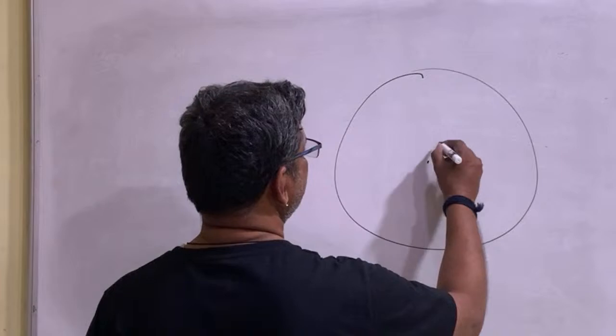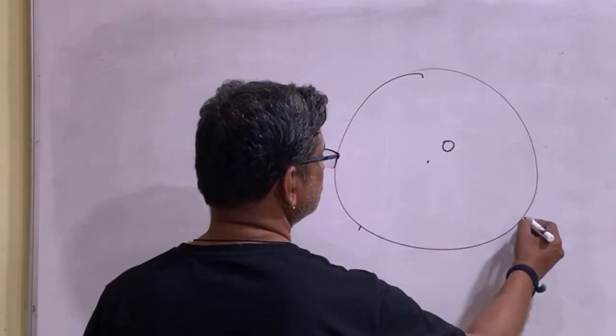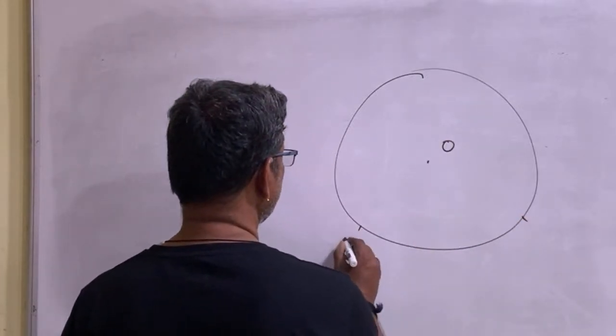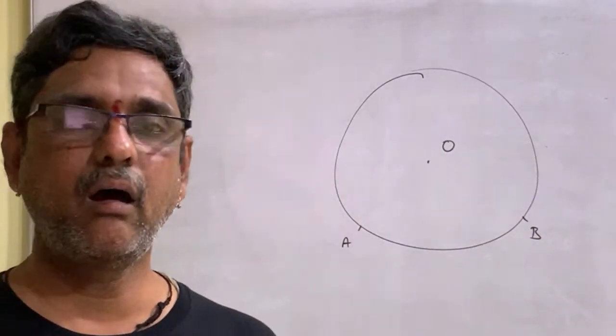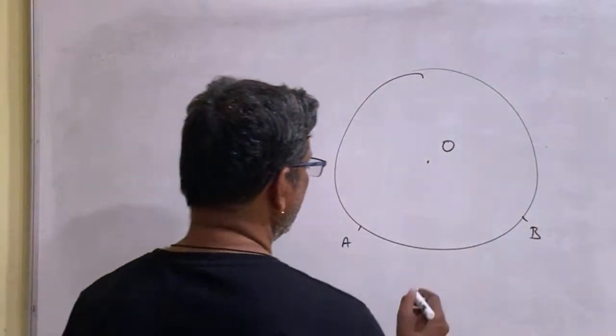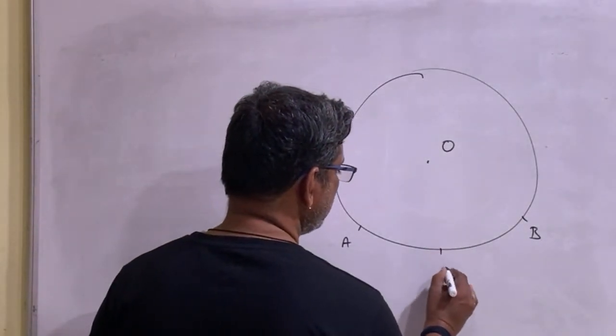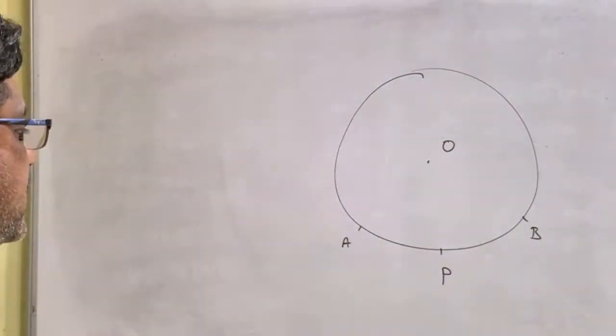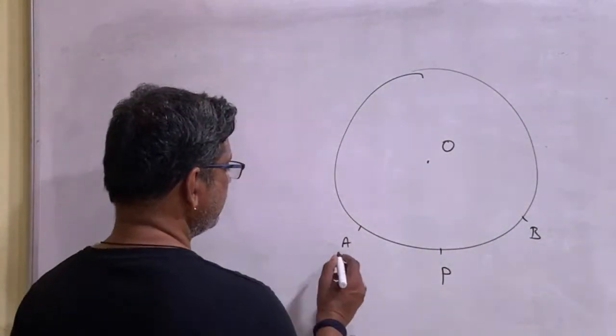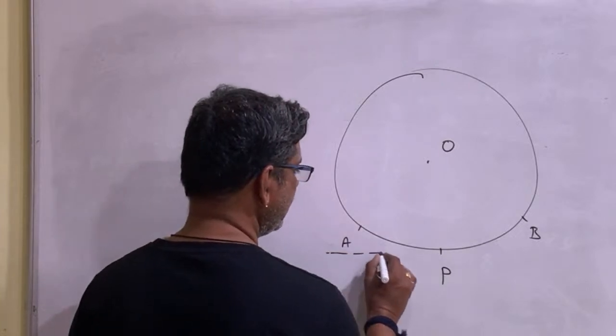There is a circle with center O. AB is an arc, and P is the midpoint of arc AB.